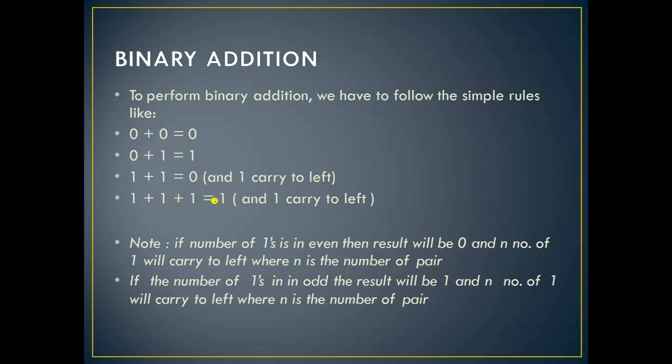Now 0 plus 1 is 1, and 1 carry is still left. You can see a note here: if the number of ones is even, then the result will be 0, and n ones will carry to the left, where n is the number of pairs. And if the number of ones is odd, then the result will be 1, and n ones will carry to the left, where n is the number of pairs.